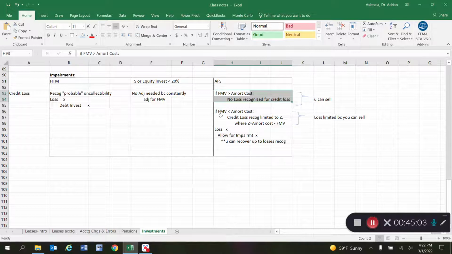All right, and if the fair market value is less than the amortized cost, then you may have to recognize a loss, but it is limited. So in other words, your debt instrument is worth less than what you have it on the books for. And you might have a potential loss of uncollectability that you want to recognize. Well, that loss that you recognize is going to be limited.